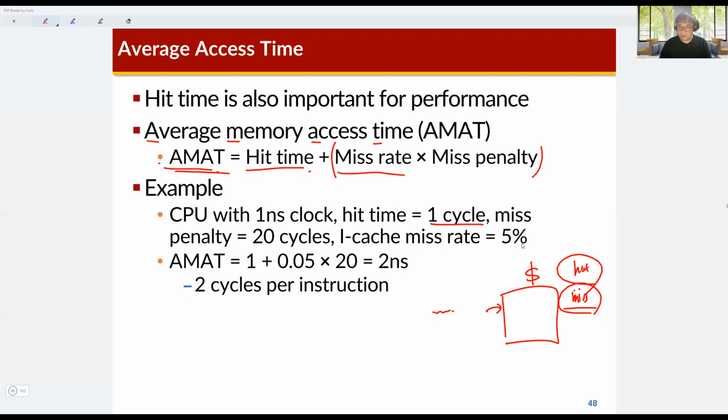The cache miss rate is 5% for the instruction cache. What is the AMAT? The hit time is 1 cycle plus 0.05 miss rate times the miss penalty of 20 cycles. So it's 2 nanoseconds, the same as 2 cycles per instruction. Because of cache misses, the average memory access time is longer than the hit access time.